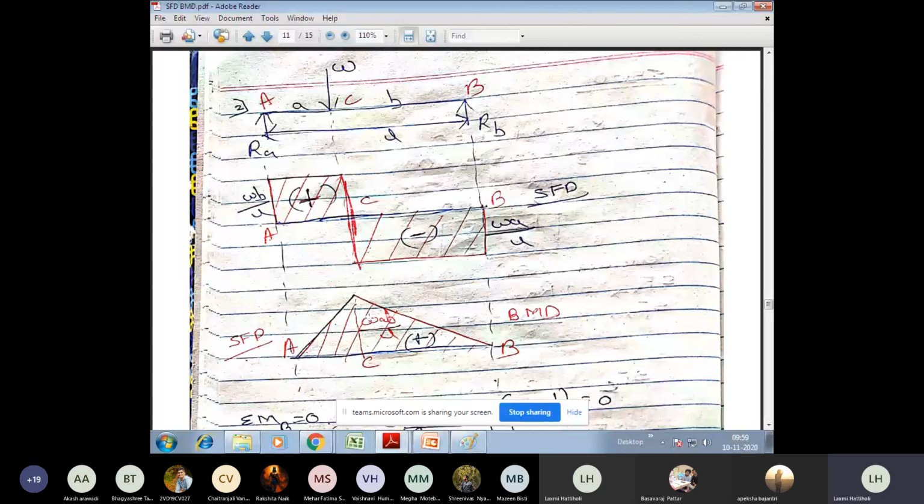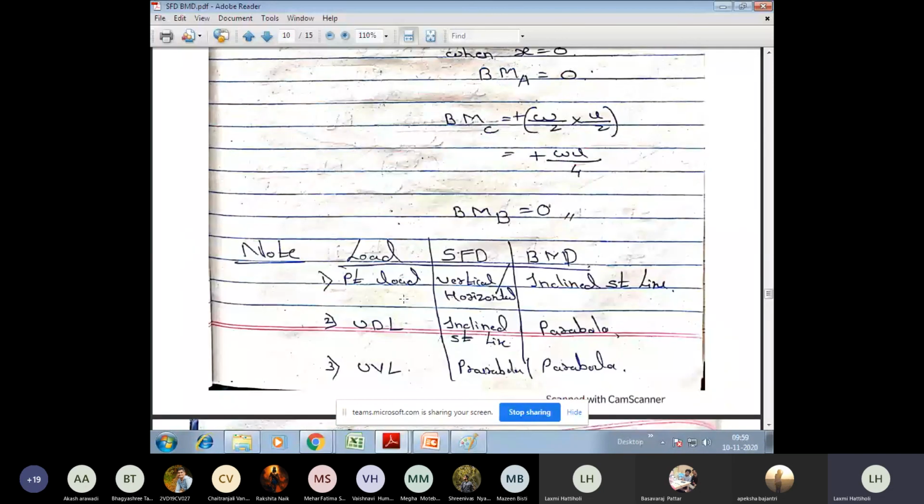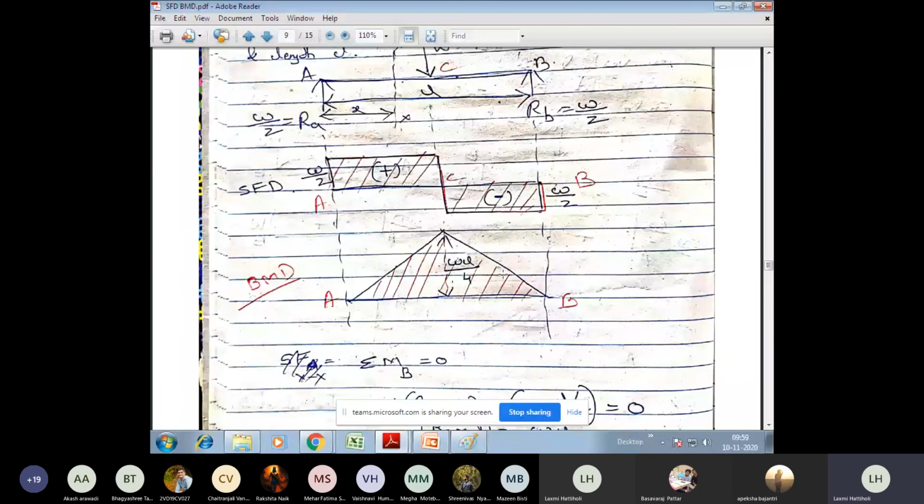Okay, and here the maximum bending moment, please remember this for your entire engineering life. What is the maximum bending moment which you have got for a concentrated load at the center? WL by 4. Suppose W is 10 kilonewton, L is 5 meters, then you should be able to calculate the bending moment value for a concentrated load at the center.